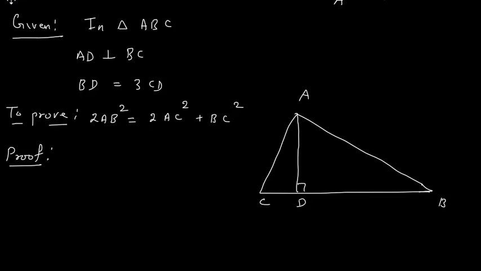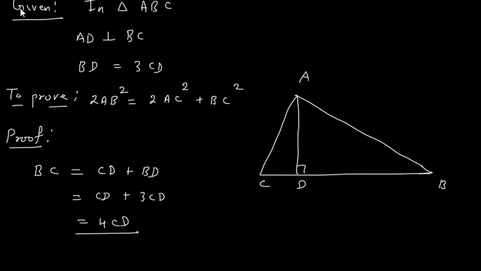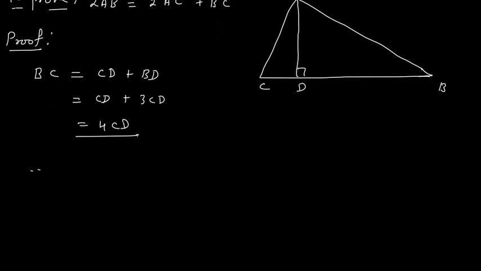So I will say that BC is equals to CD plus BD. Now this CD remains CD, and this BD I will say that it is equals to 3 CD. So you got BC is equals to 4 times CD. So therefore this CD is equals to 1 upon 4 BC.